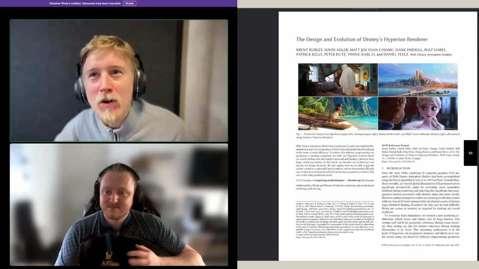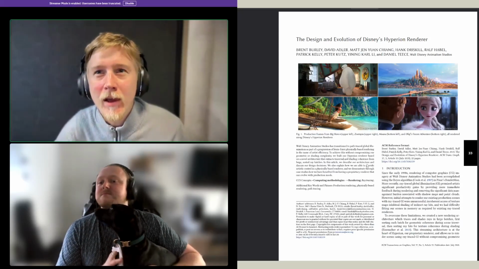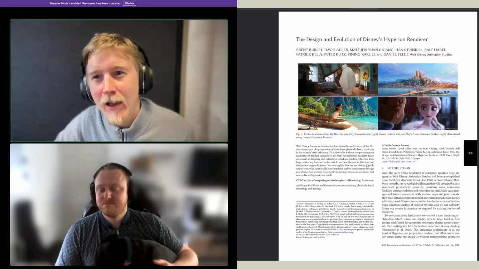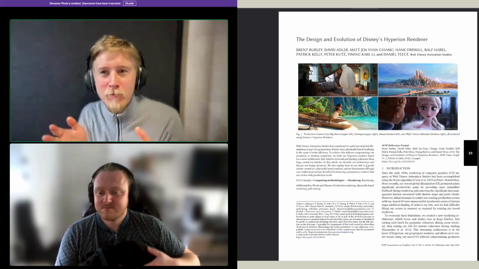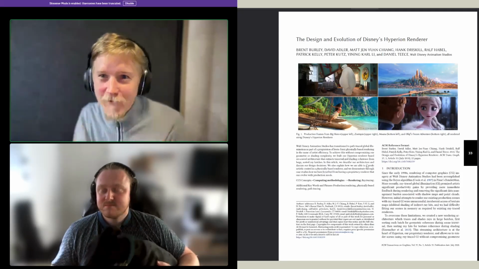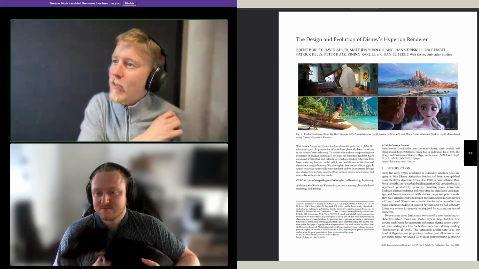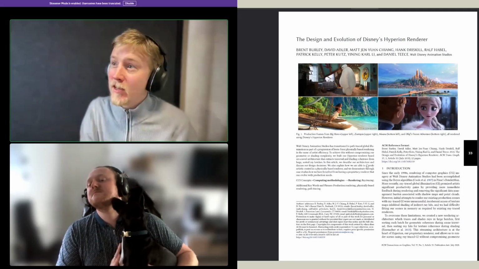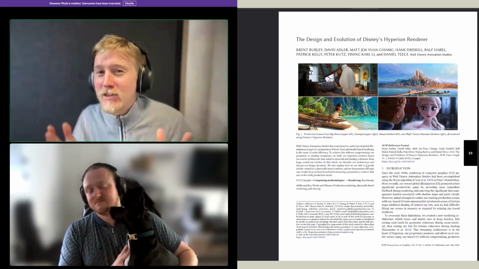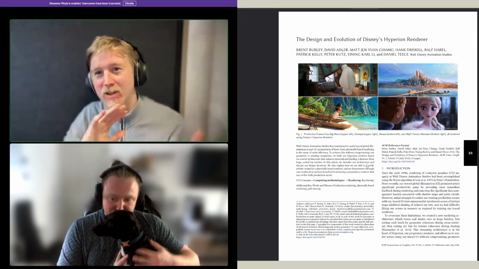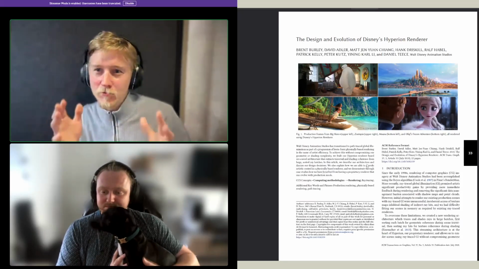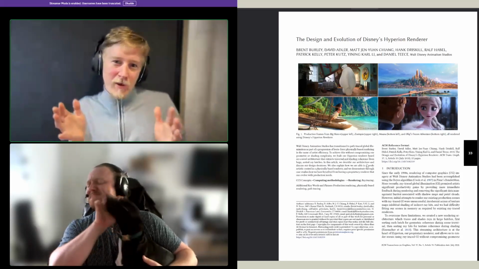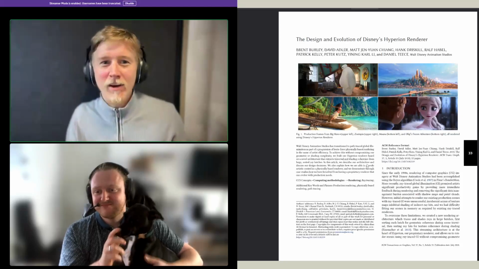Disney and Pixar have been working together on animation. And so Pixar developed RenderMan, which is their render engine, and Disney was using that since the 80s. And so this is like a step change from beyond that. Rather than using Pixar's RenderMan, they're now using their in-house Hyperion.